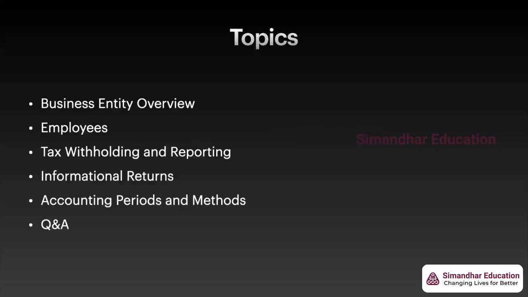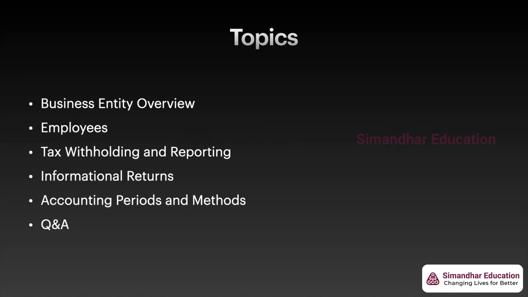So these are the topics we'll be covering today. Business entity overview, like I mentioned, we'll be looking at different types of entities, what they mean from a US tax perspective. It's quite similar, but we'll be looking at those specifically. We'll also be looking at what is the meaning of employees given by the Internal Revenue Service, the IRS, employees per US tax.